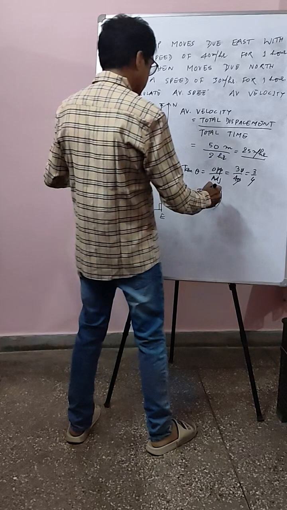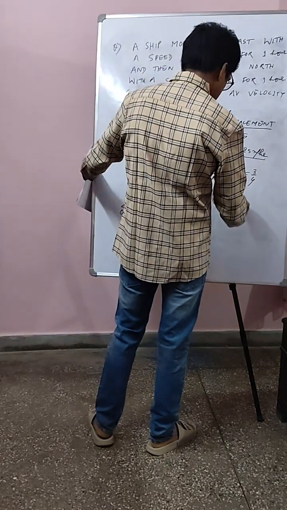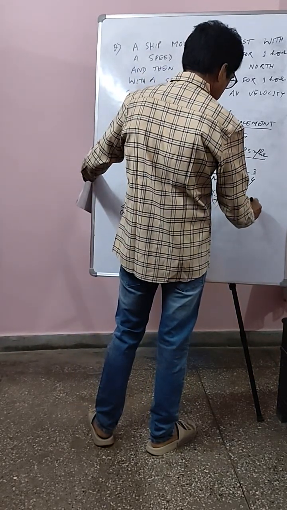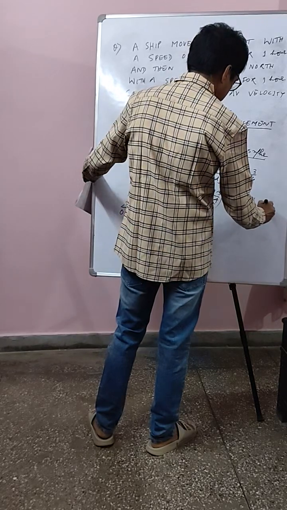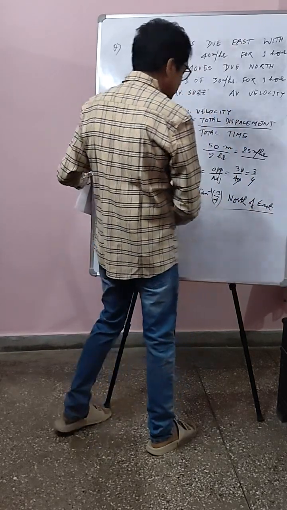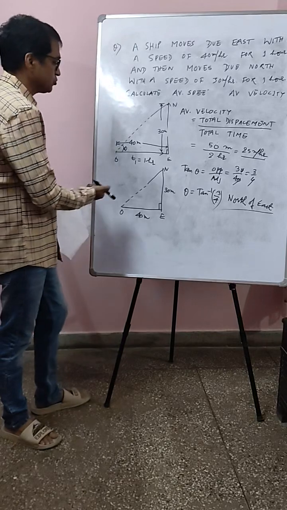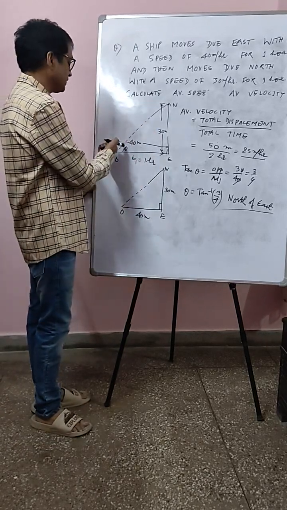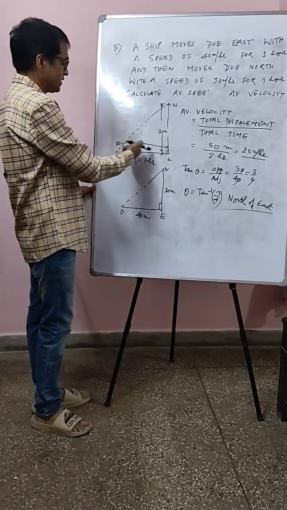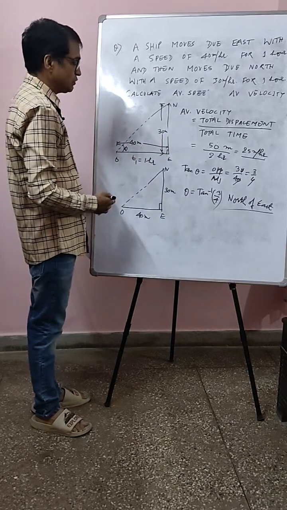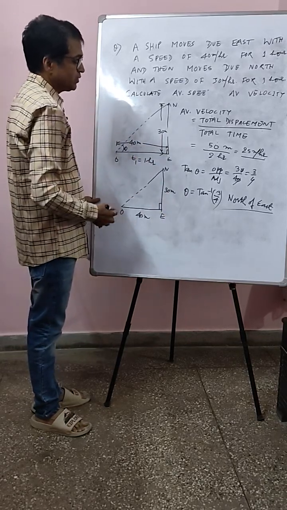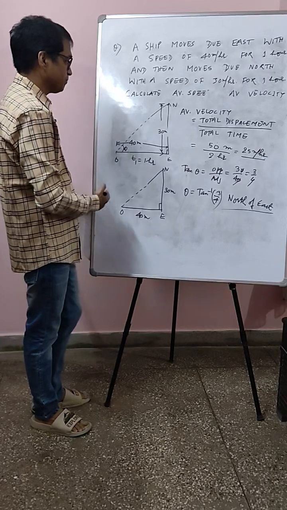Theta equals tan inverse 3 upon 4, north of east. So if you need, we can find theta also, because this is a right angle triangle. This is theta, so this is opposite, this is adjacent. We have taken tan theta equals 3 upon 4, so theta equals tan inverse 3 upon 4 north of east.